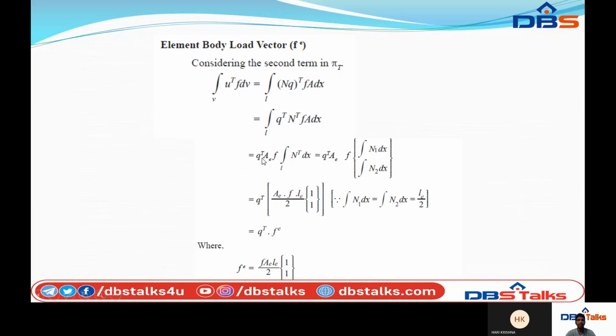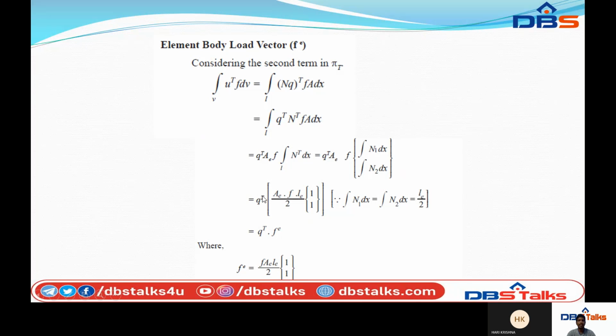Then I'm taking the values of Q transpose A F outside and integrating only the shape function term N transpose dx. Then I get the integral of N1 dx and the integral of N2 dx.